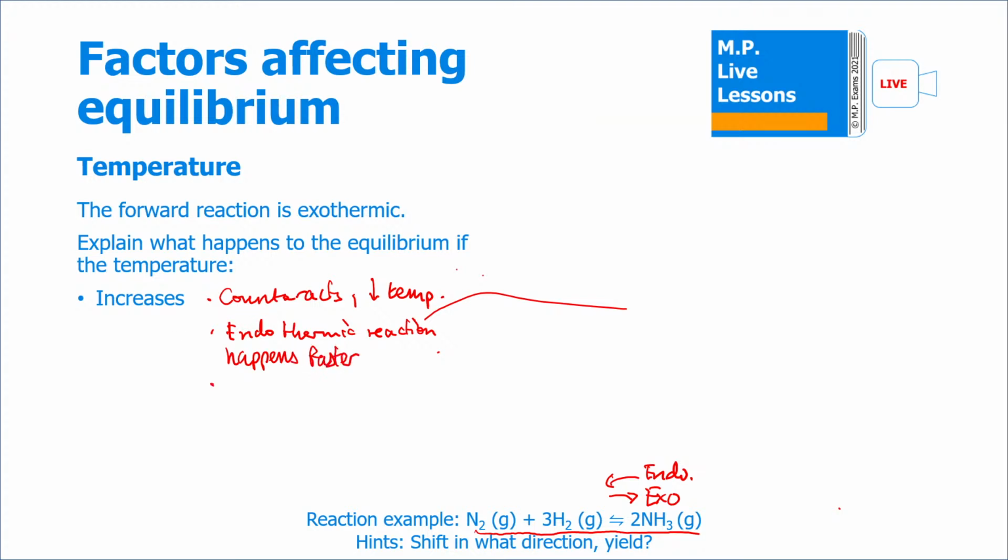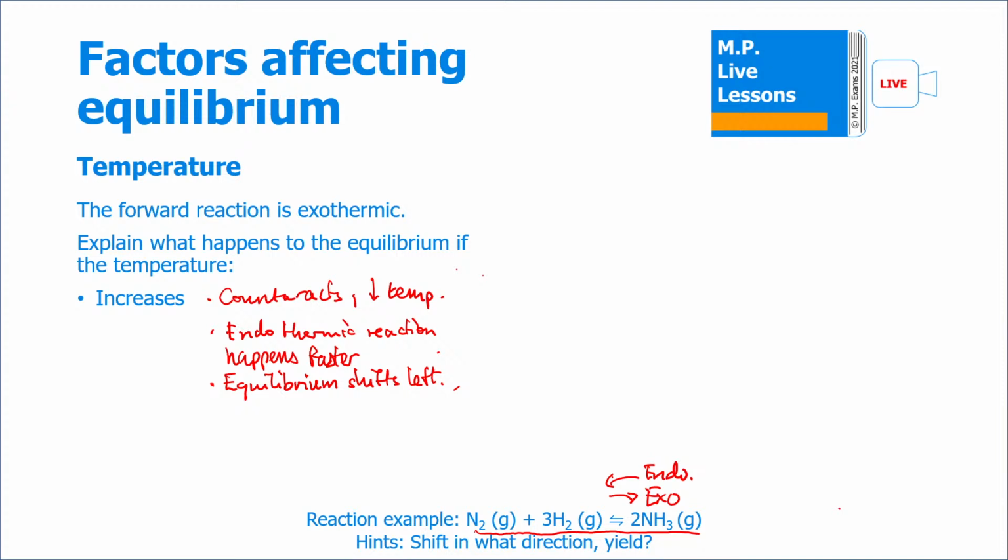So that's the backward reaction, going from right to left. As a result, we can say that the equilibrium shifts to the left. So that means if we increase the temperature, the system will counteract by decreasing the temperature by making the endothermic reaction, the reaction going from right to left, happen much faster.